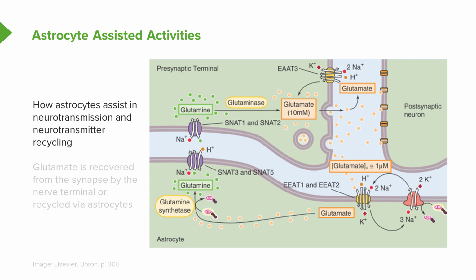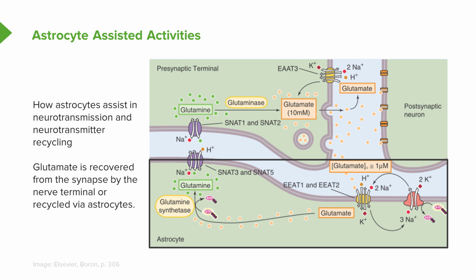It is taken up by astrocytes. You convert the glutamate back into glutamine, and then you transport glutamine to the axon terminal. This process allows for the recycling of this neurotransmitter.